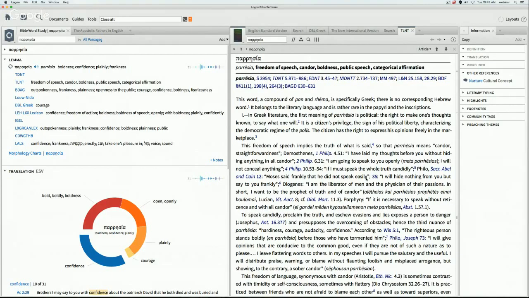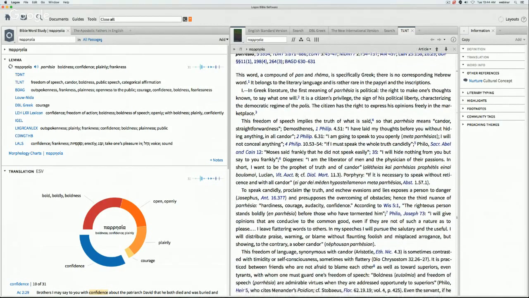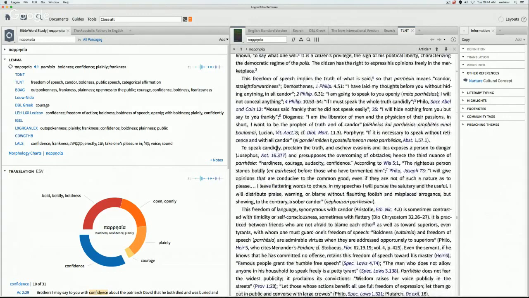And there's also this connotation of truth, that you are speaking in just plain honesty with complete candor or straightforwardness. Now, when you do that, when you speak candidly and proclaim the truth, it kind of exposes yourself.